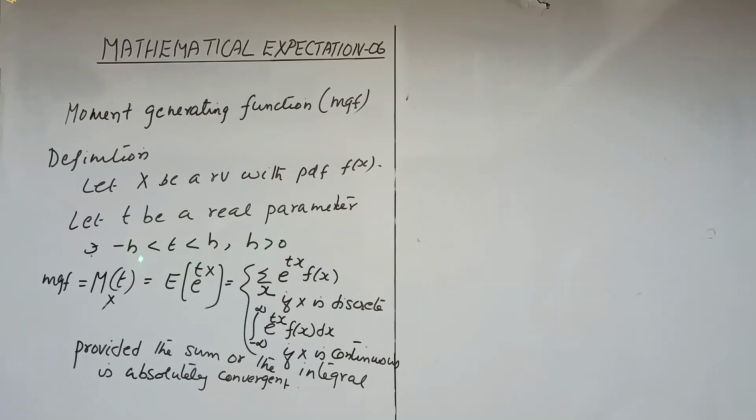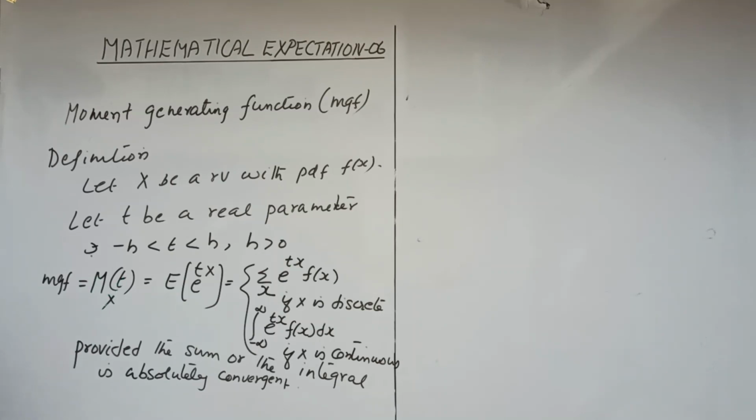The condition on t must be specified clearly. Simply, the moment generating function is the expectation of e raised to tX, and it is written as M_X(t).